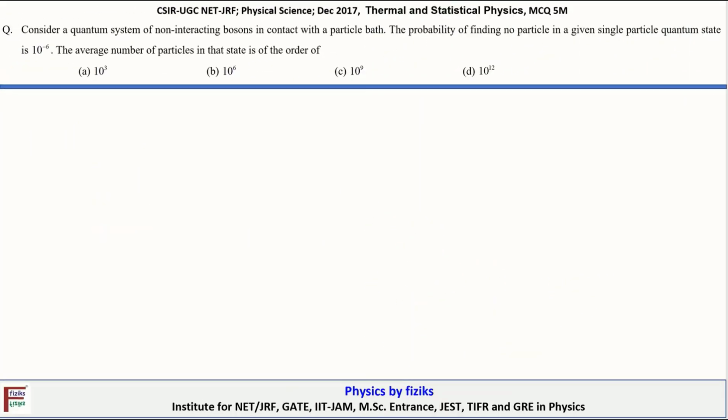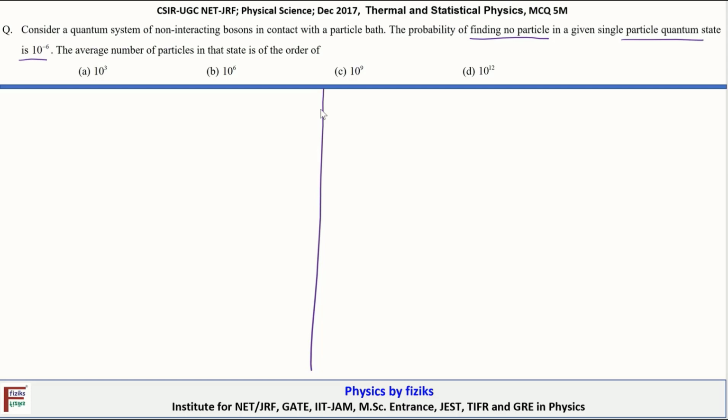The statement is, consider a quantum system of non-interacting bosons in contact with a particle bath. The probability of finding no particle in a given single particle quantum state is 10 power minus 6. So we are given a probability of not finding a particle in a given quantum state.